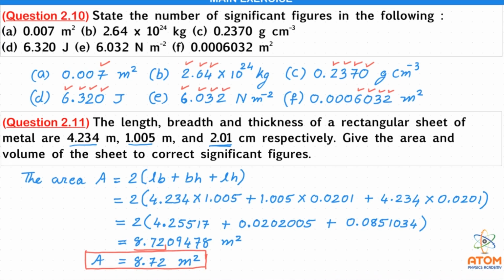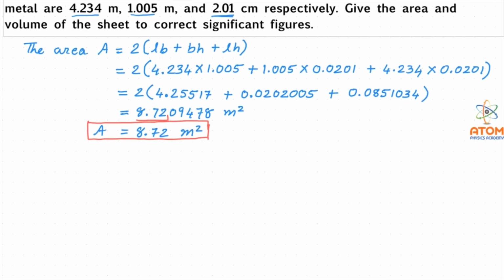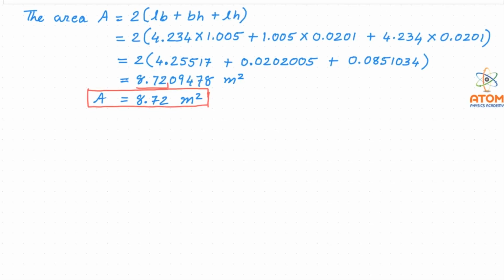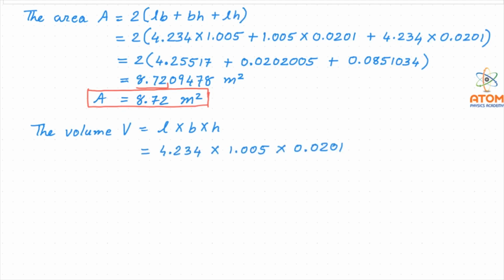Now let me slide this screen upside to make some space to solve the volume now. Here the volume V will be equal to L into B into H. Now putting the value of length, that is 4.234, breadth, that is 1.005, and height, which is 2.01 centimeter, that means it is 0.0201 meter.